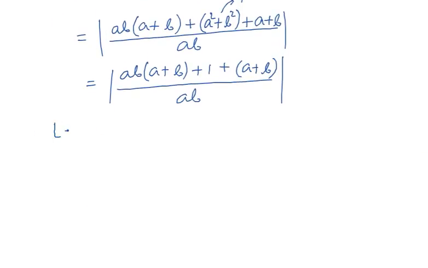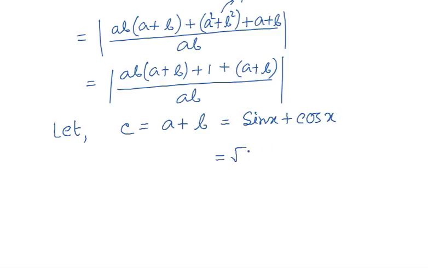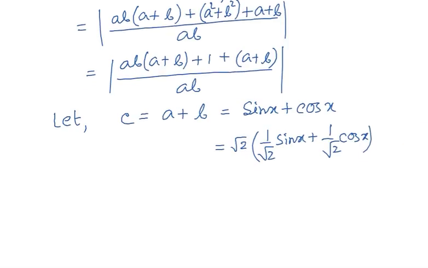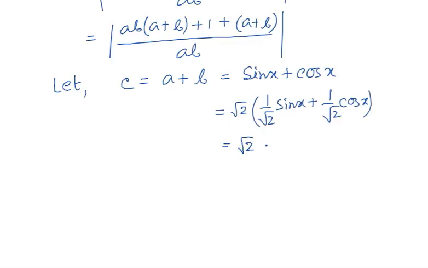Now let c be a quantity which is nothing but a plus b, and a plus b is nothing but sin x plus cos x. If I multiply and divide by root 2, it will become root 2 into 1 by root 2 sin x plus 1 by root 2 cos x. So this can be clubbed using compound angle, so this will become root 2 into sin of pi by 4 plus x.